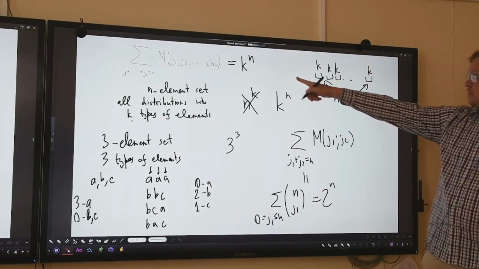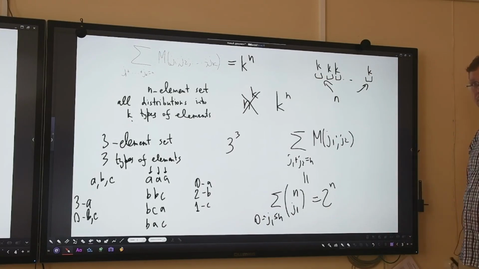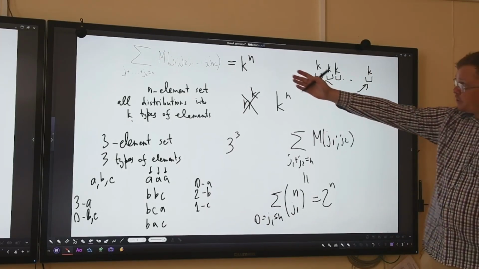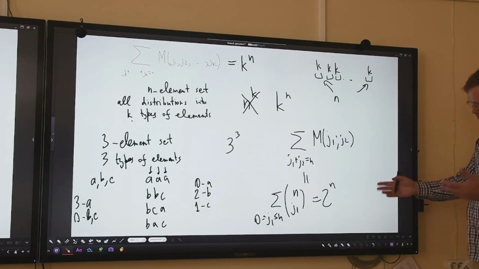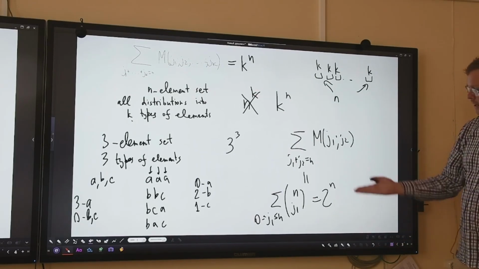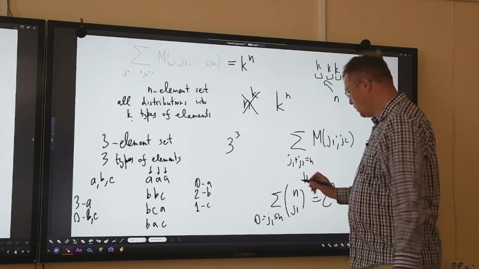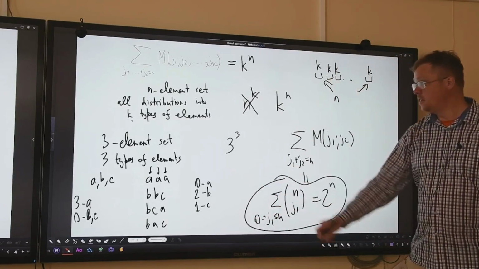And so this formula is correct for k equal to 2. Because by the binomial theorem, this will be 2 to the power n, and this is exactly one of the proofs why this identity holds.